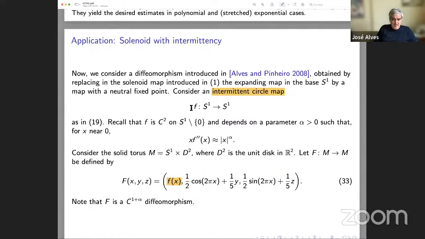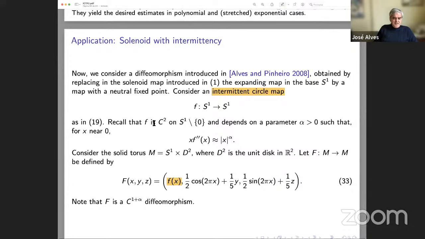For that map, the intermittent circle map, it actually is a family of maps that we introduced with some exponent alpha.